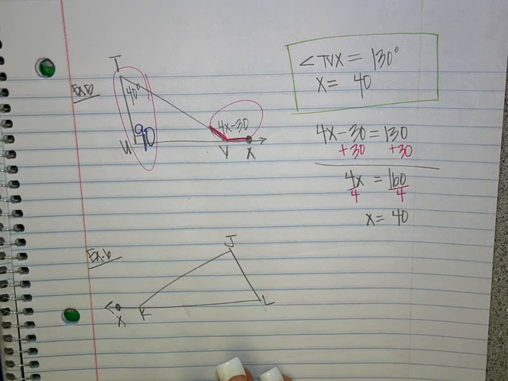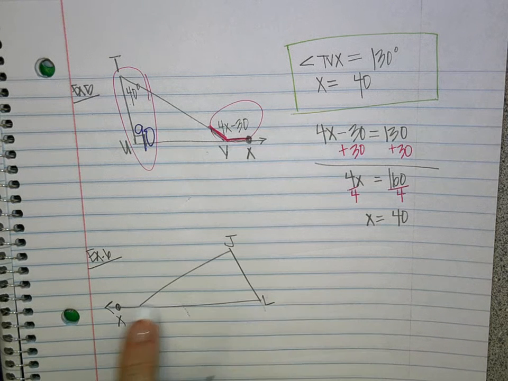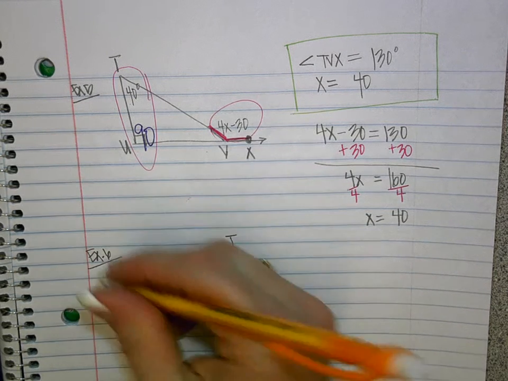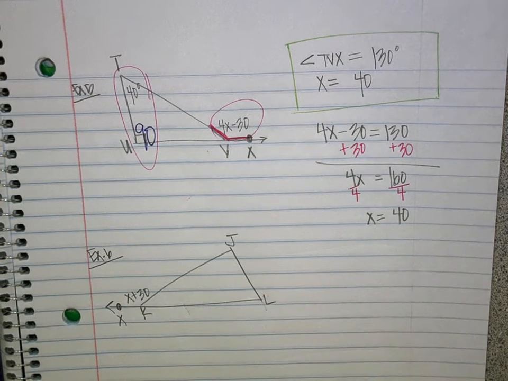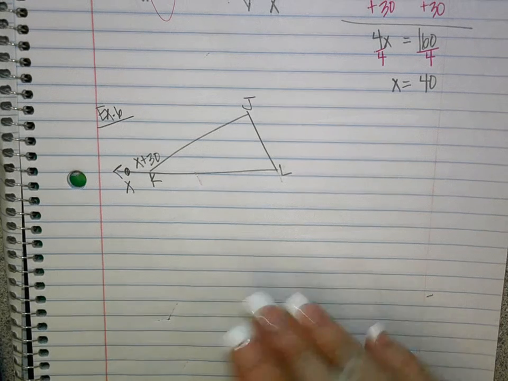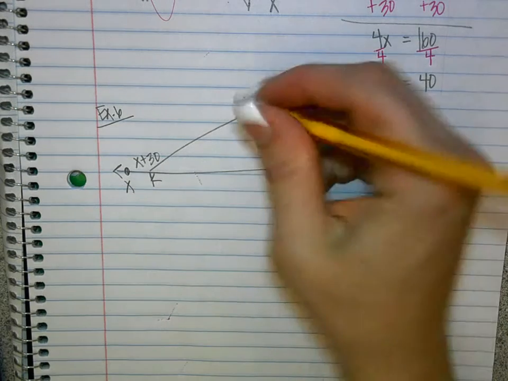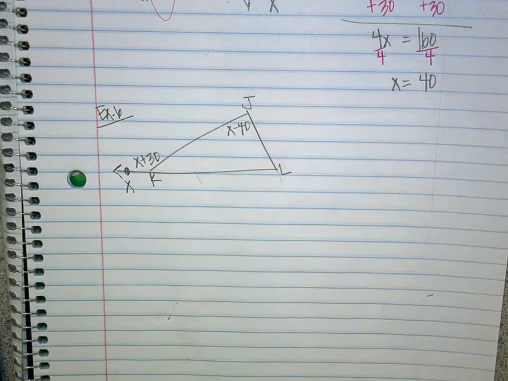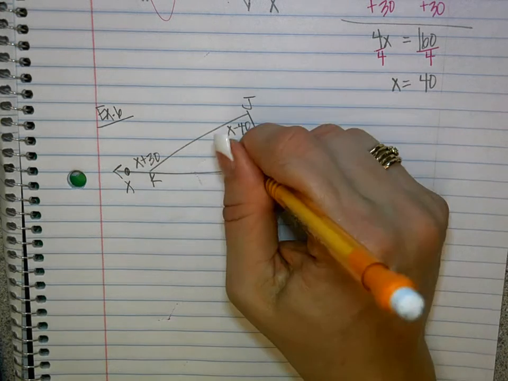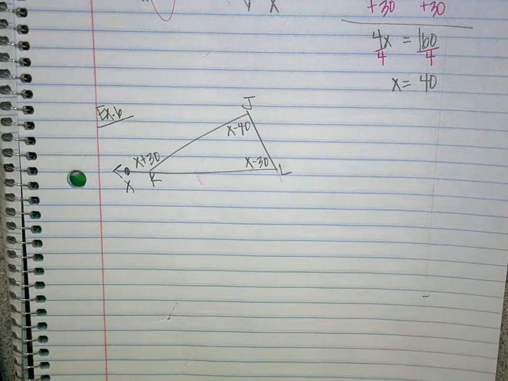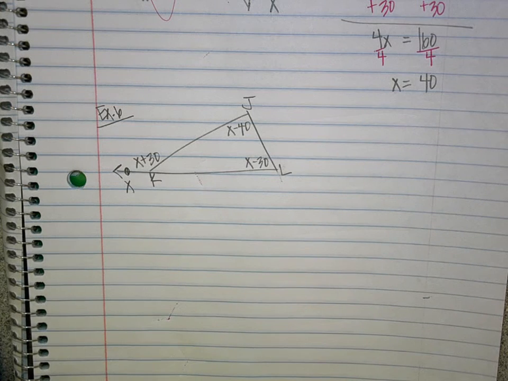The measure of angle JKX, right in here, is x plus 30. The measure of angle J, the inside angle J, is x minus 40. And the measure of angle L on the inside is x minus 30. This one's a little bit more complicated because I don't know exactly what the measurements are.